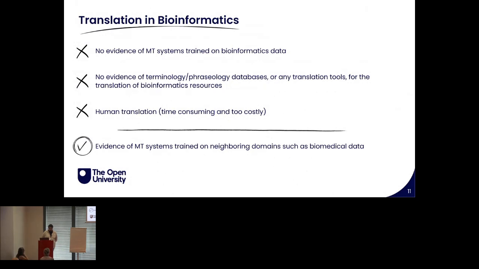And human translation would be far too time-consuming and too costly to be a feasible option. We have to understand that there are so many resources and materials being created and generated almost on a daily basis in the life sciences. It would be impossible for human translators to keep up, and it would be far too costly anyway. There is, however, evidence of machine translation systems being trained on neighboring domains, such as the biomedical domain on biomedical data, and that's pretty relevant.